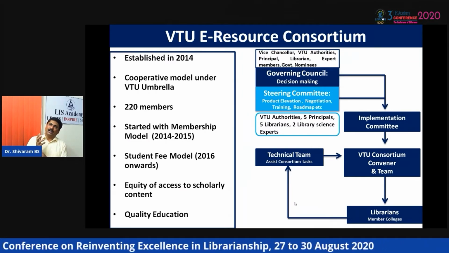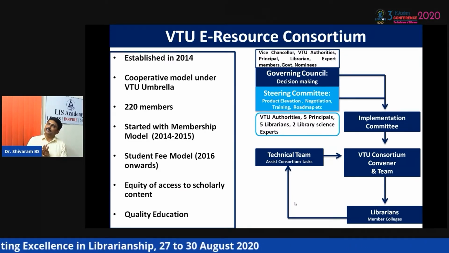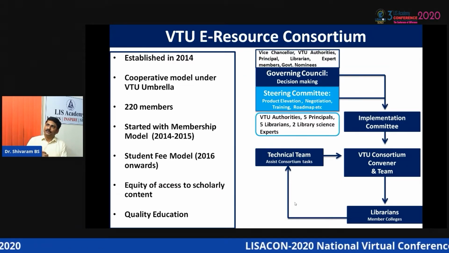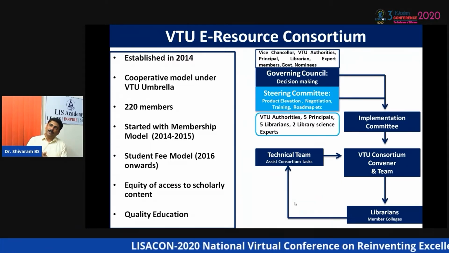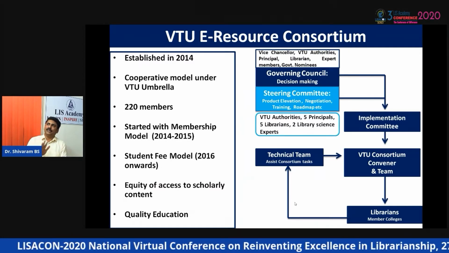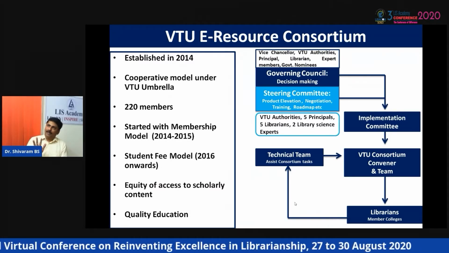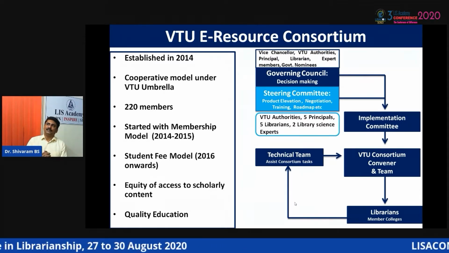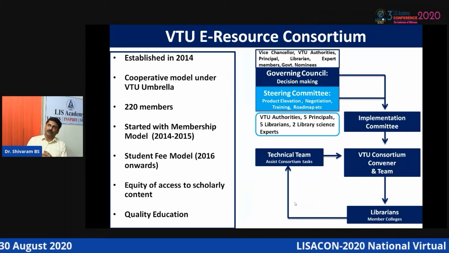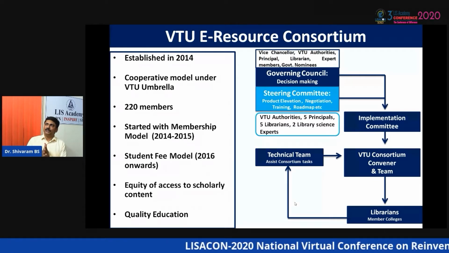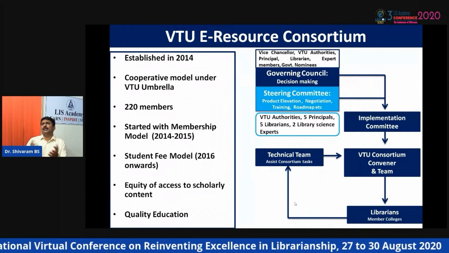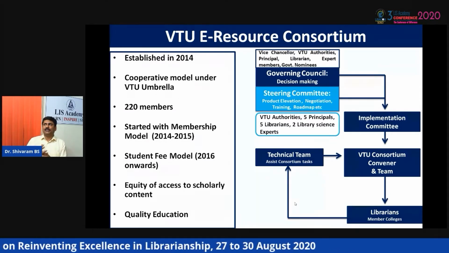As far as VTU is concerned, there are 5 regions in Karnataka, so one principal from each region will be part of this steering committee, along with 5 librarian representatives, one from each region, and 2 library science experts. Their main job is product evaluation and negotiation, and recommending to the governing council so that they can go ahead with whatever recommendation the steering committee has made.